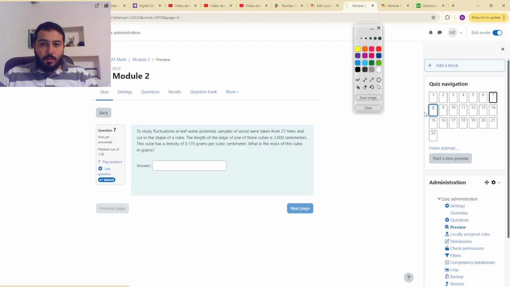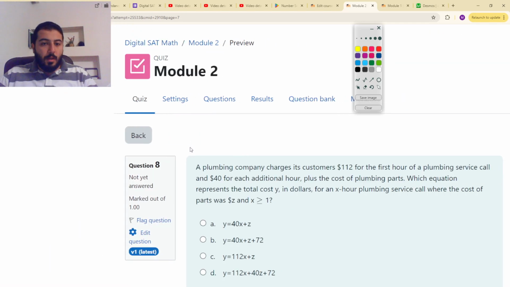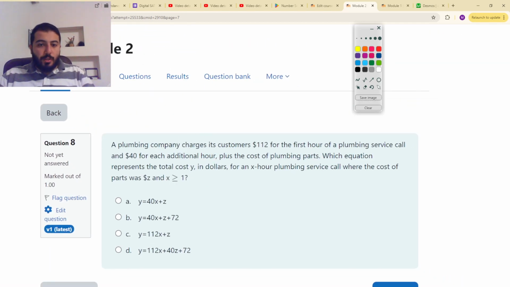Okay, question 8. A plumbing company charged its customers $112 for the first hour of a plumbing service call and $40 for each additional hour. So this looks like a linear equation, but you cannot use the 112 as the initial value, because the 112 is the initial value plus the first hour amount.